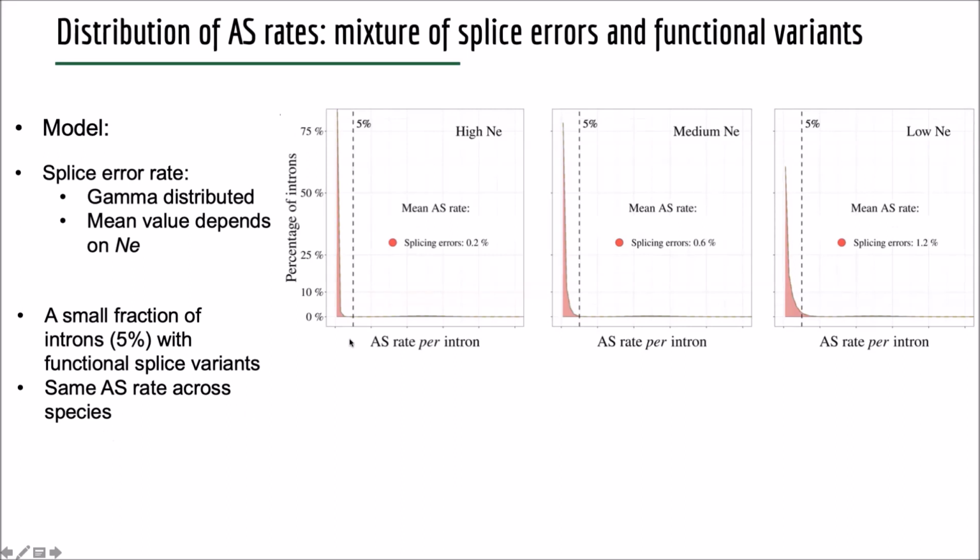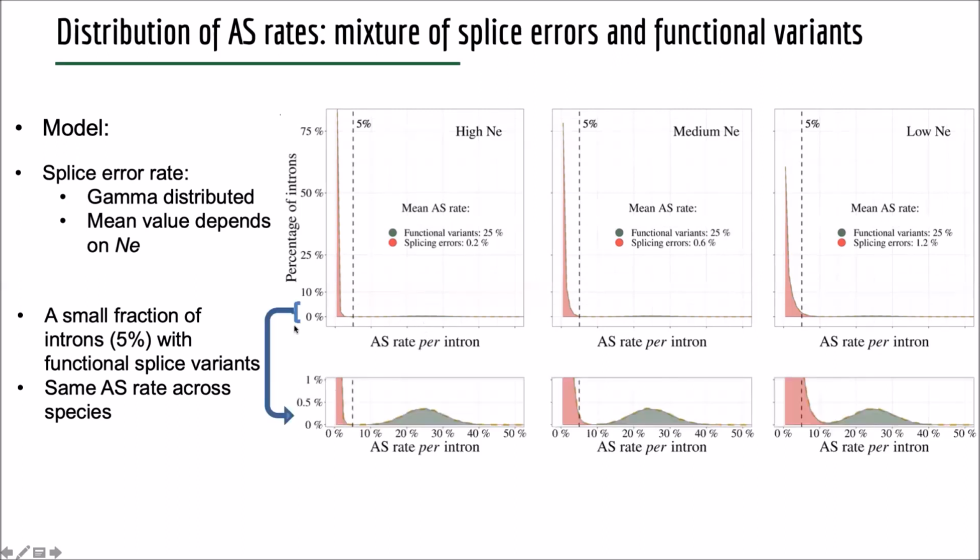And let us assume that this rate of functional alternative splicing is the same across all species, with a rate of alternative splicing for these functional variants at an average of 25%. So this is a small bump that you can barely see here, so I just zoom on the distribution so that you can clearly see.